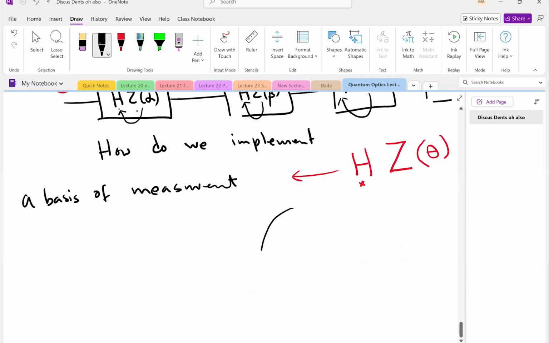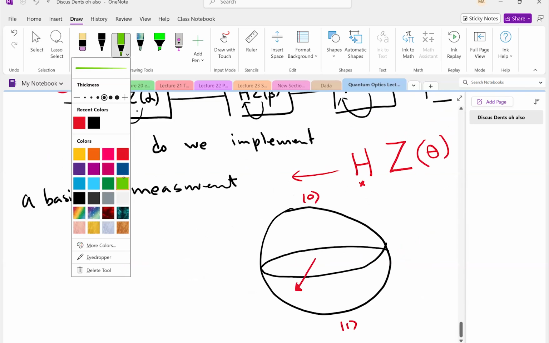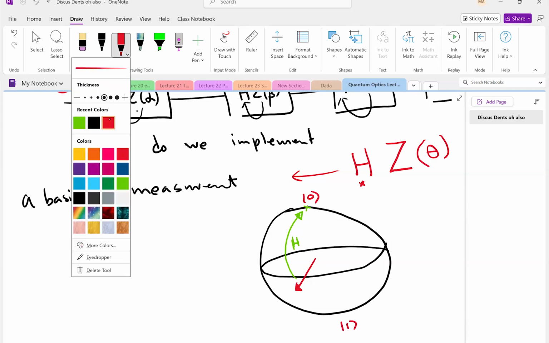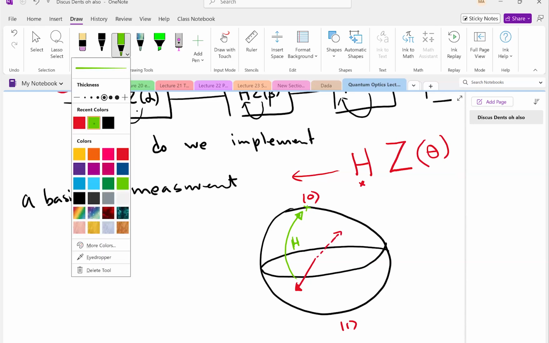Suppose I look at the Bloch sphere picture, and I have a quantum state and I want to measure it. And this is my computational basis, ket 0 and 1. So what you would do is just take this state, move it back to the computational basis through the application of a Hadamard gate, and you'll get ket 0. If your initial state were on this side, applying the Hadamard will take you here.